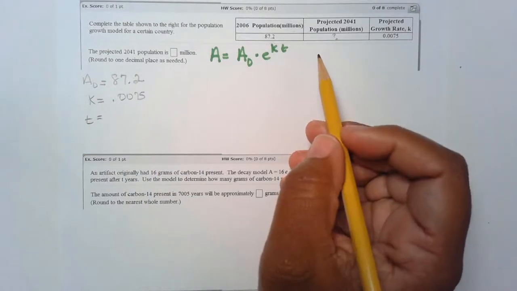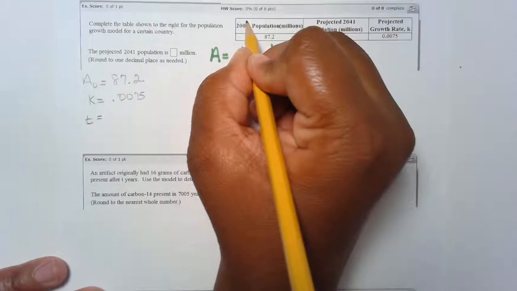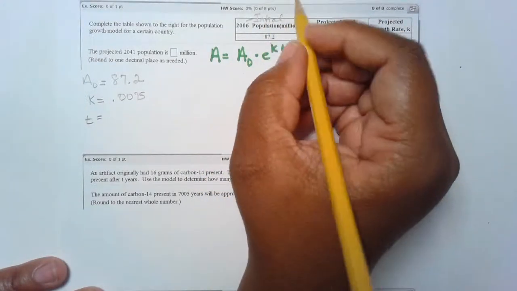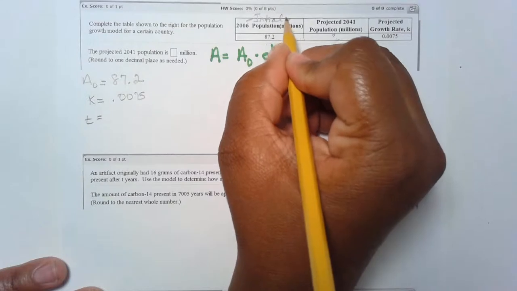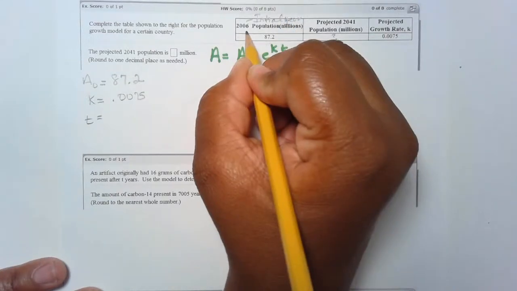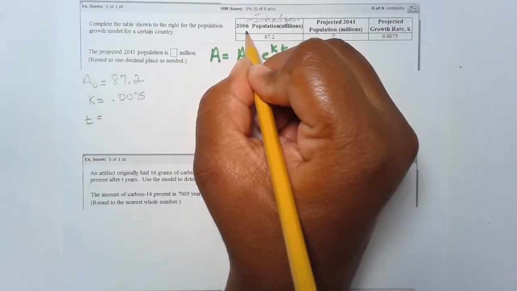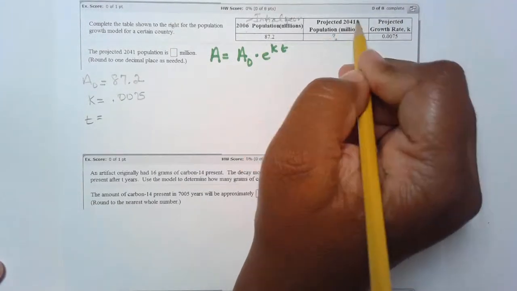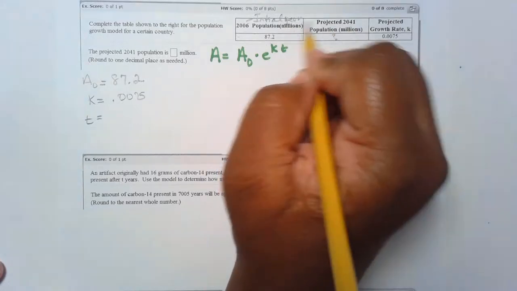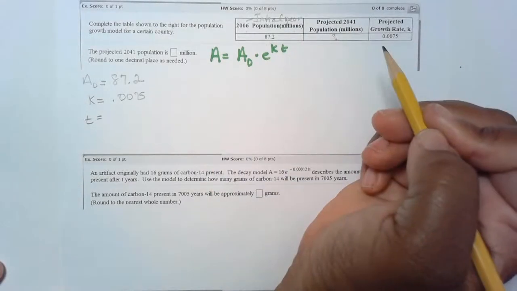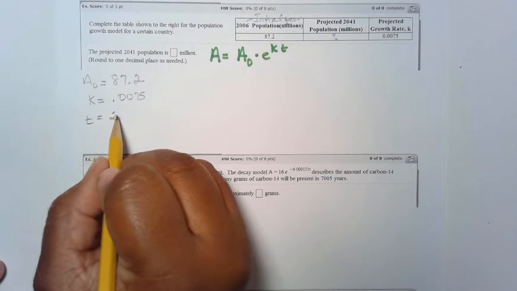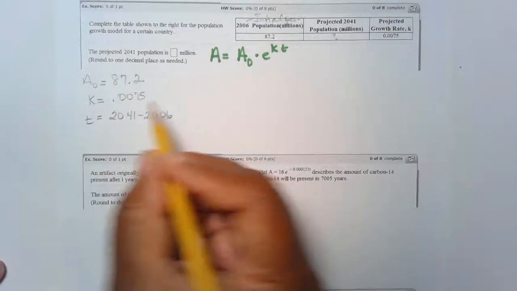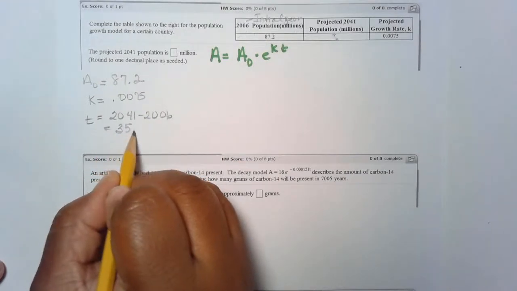Now, we do have the initial time, or the initial year, which is 2006. But we want to find out the population of the projected year, which is 2041. So we need to find the difference between those two in years. So we're going to subtract 2006 from 2041, and the difference is 35.